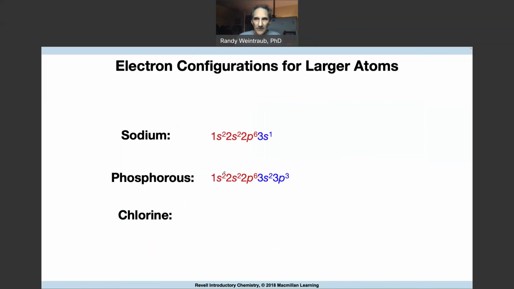And if we wrote out the electron configurations for sodium, phosphorus, and chlorine, in blue we see the valence electrons, these valence shell electrons. Sodium has 1 valence electron, phosphorus has 5, and chlorine has 7.